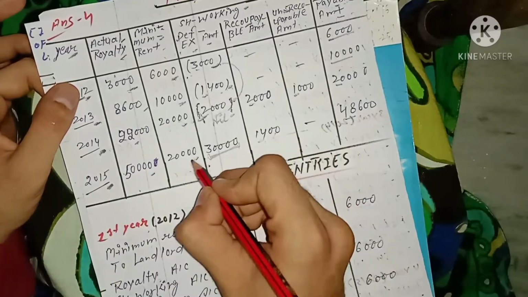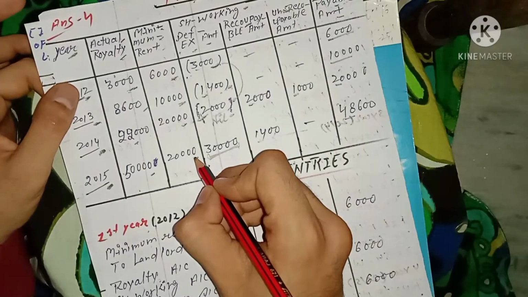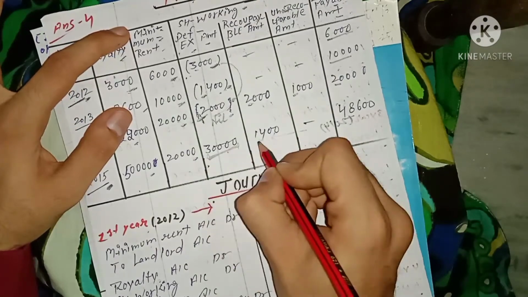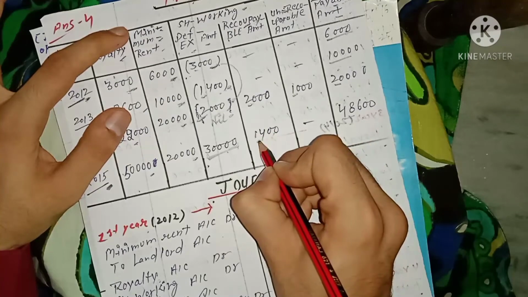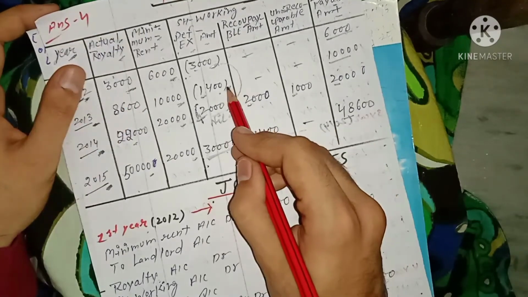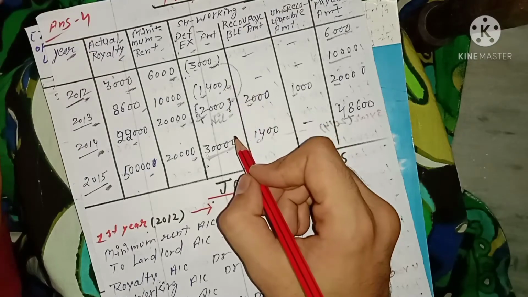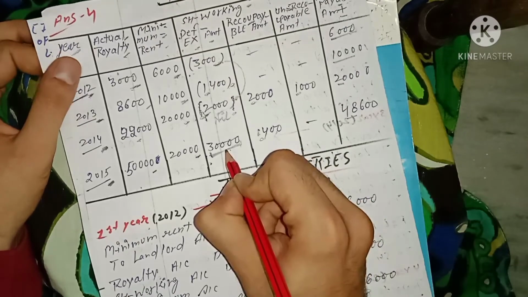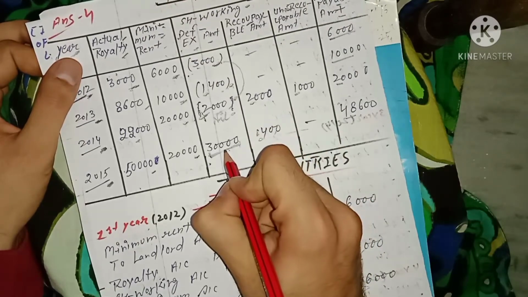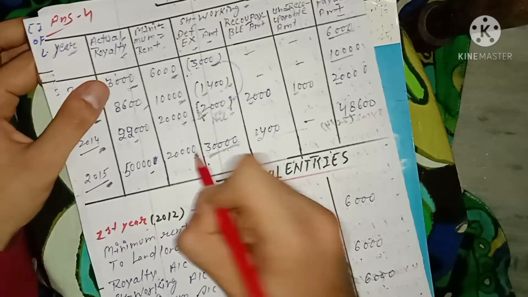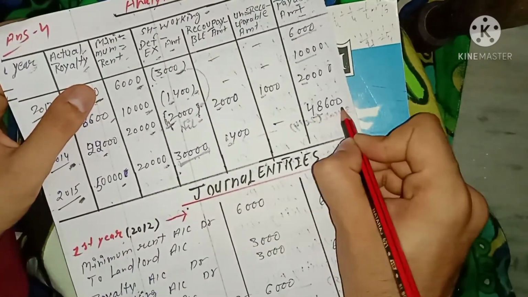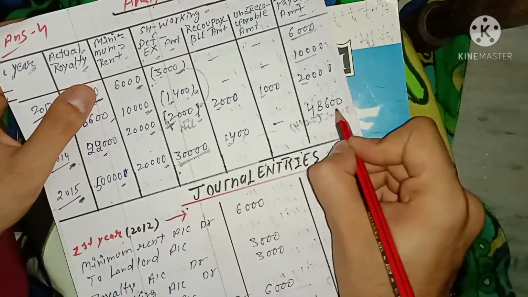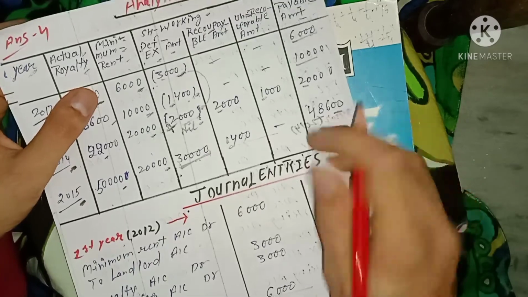Whatever amount is above 20,000 of minimum rent, out of which 1,400 has been utilized to recoup short working amounts related to past years, after deducting 1,400 out of the 30,000, whatever amount is left, you have to add with 20,000, and the whole amount, 48,600, will be payable. Here you can see 50,000 minus 1,400, which is 48,600. The 48,600 amount is payable to the lessor.